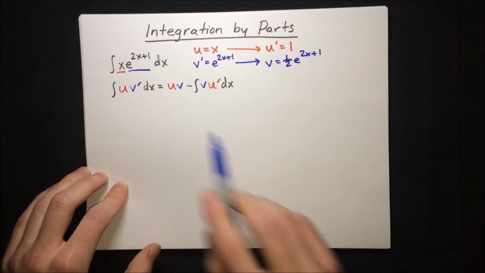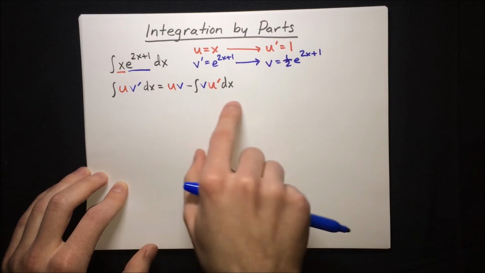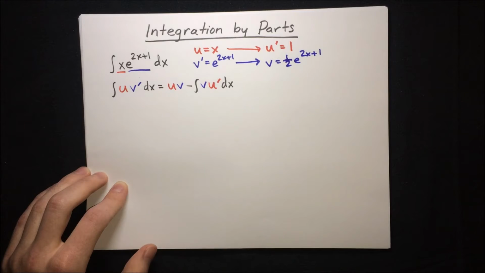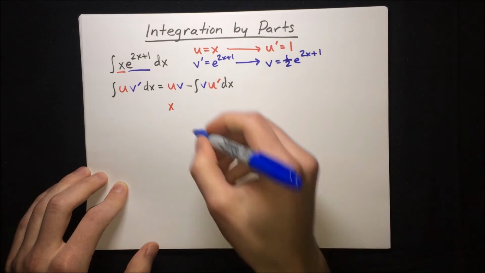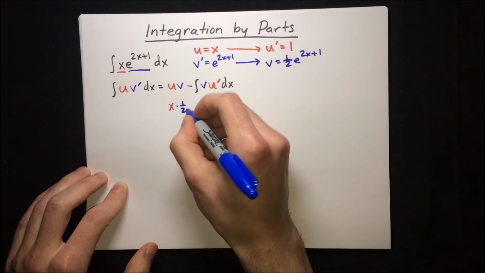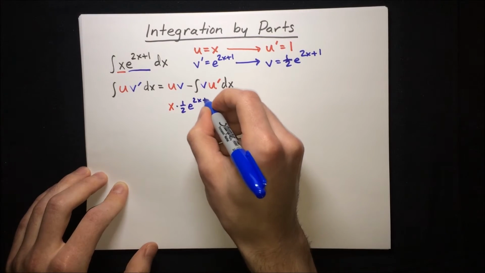So now let's go ahead and substitute into our formula here. So u is x and v is a half e to the 2x plus 1.